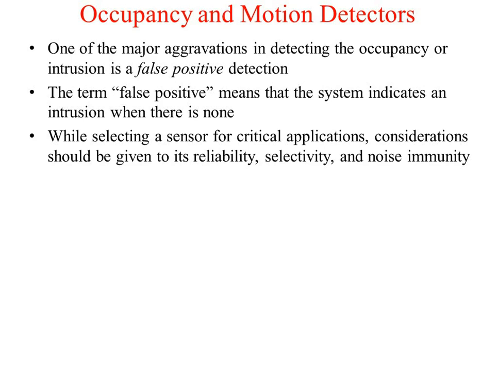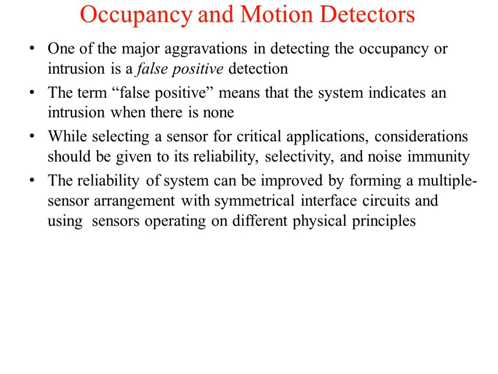So reliability is very important, selectivity is very important, and noise immunity is also important. These are the three important parameters we need to consider when deciding on a sensor for occupancy and motion detection.